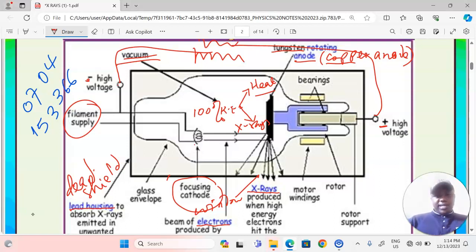So the great heat energy produced has to be taken care of. In case we use a material of low melting point, it can end up being melted by the great heat. So to avoid that, we use tungsten, a material of high melting point. Alternatively, we can use a material called molybdenum.